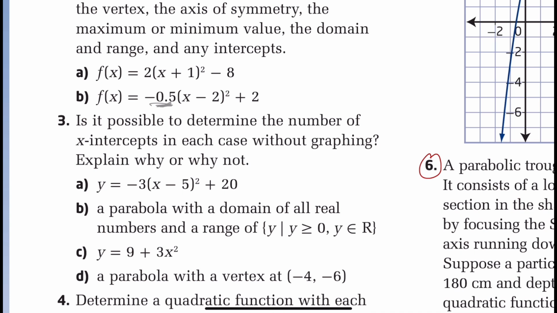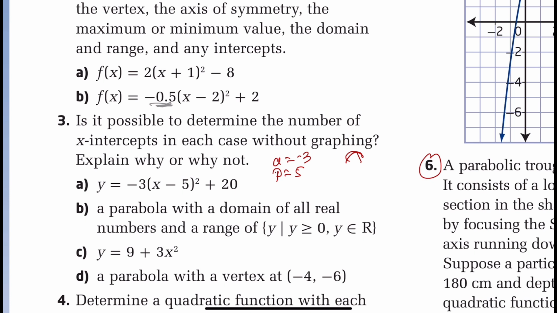For question 3, is it possible to determine the number of x-intercepts in each case without graphing? Explain why. Yes, we can do that, because if we look here, my A is -3, so my graph is looking downward. My P is 5, so there is a horizontal shift to the right side, 5 units.